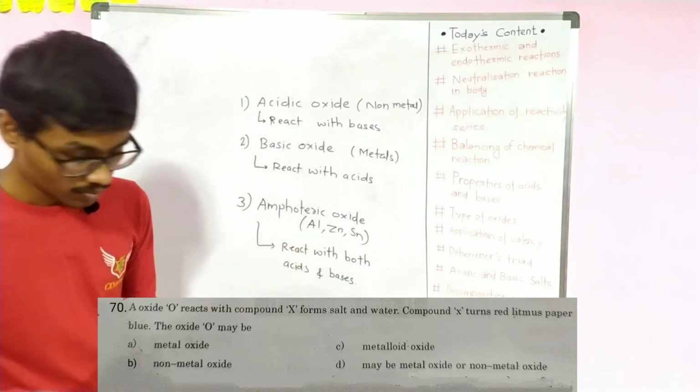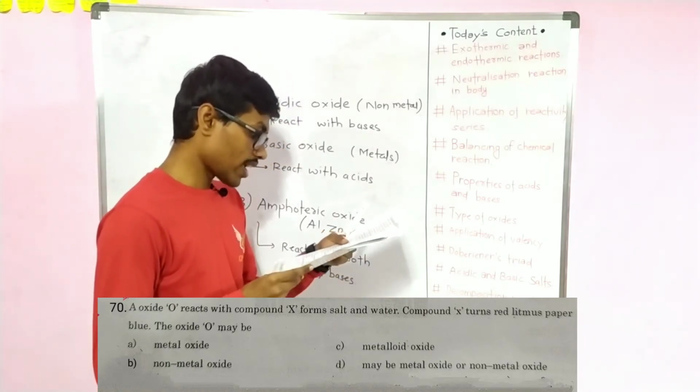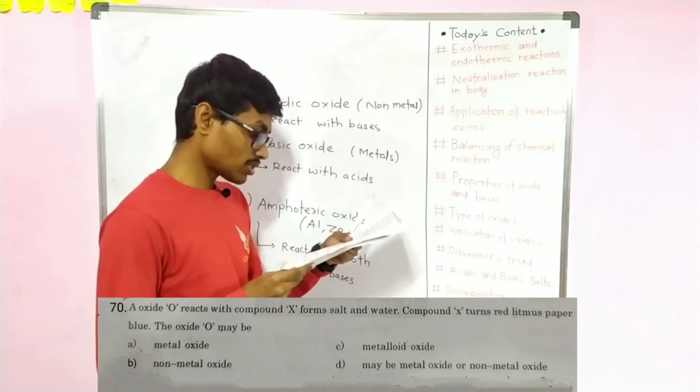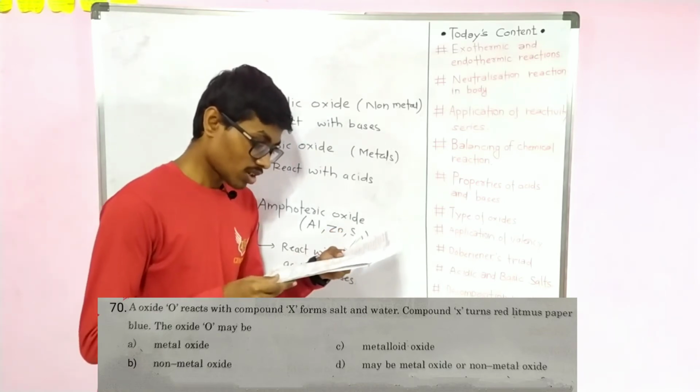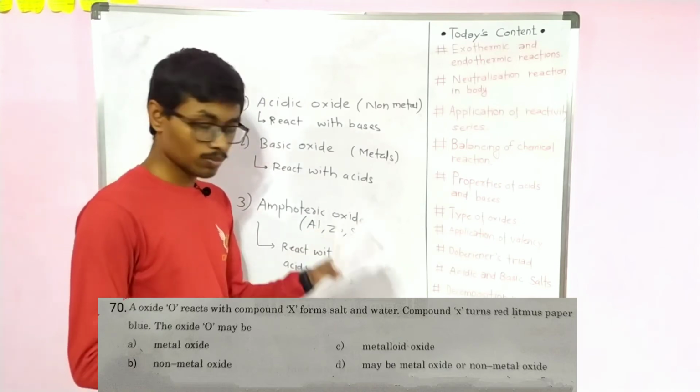Now, they have given us oxide O reacting with compound X, which forms salt and water. Compound X turns red litmus paper blue.